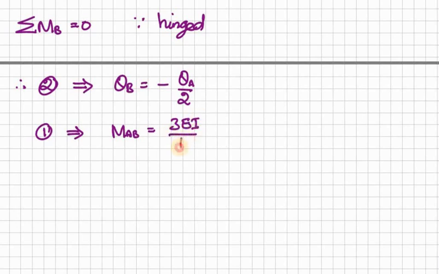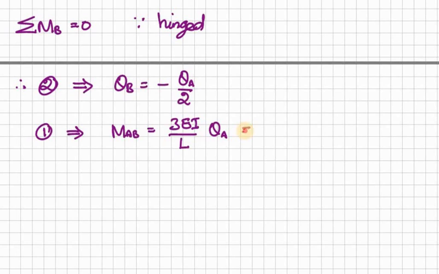Therefore, MAB is 3EI by L into theta A. And we know already that moment is equal to K times theta. That is, the applied moment M is equal to stiffness times the rotation caused by that moment. Here MAB is the moment at support A, and theta A is the rotation caused by that moment.